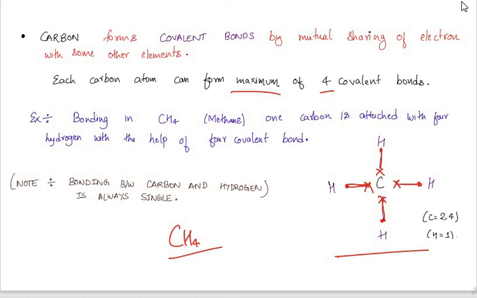After sharing with all the 4 hydrogen atoms, the carbon atom also contains 8 electrons in its outermost orbit. So the carbon atom is stable and all the 4 hydrogen atoms are stable. That's how a covalent bond forms between carbon and hydrogen. A point to remember is that a bond between carbon and hydrogen is always single.